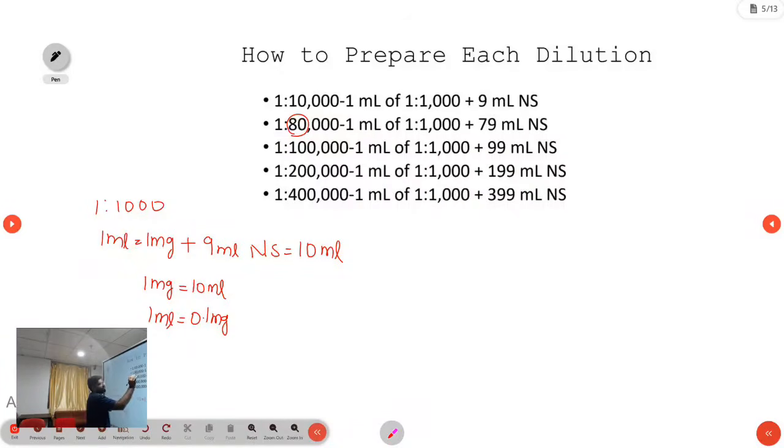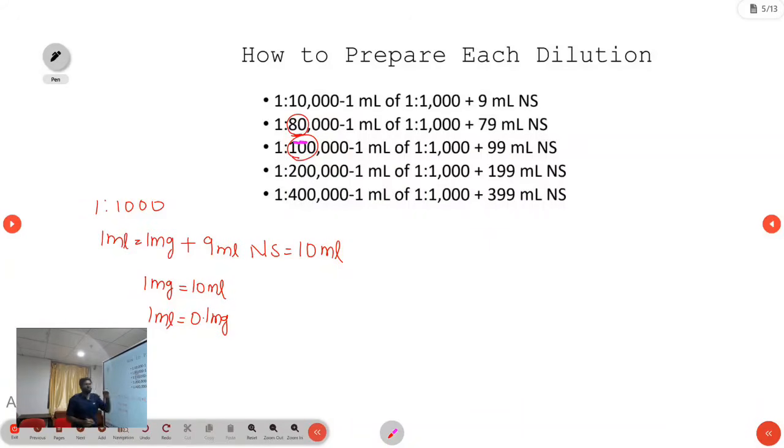So if we want to make a 1:80,000 dilution, we have to mix 79 ml of NS with the 1 mg of adrenaline. So in total it will have 80 ml. Similarly here, to make a 1:1 lakh dilution, we have to mix 99 ml of NS with 1 mg, which means 1 ml of adrenaline.